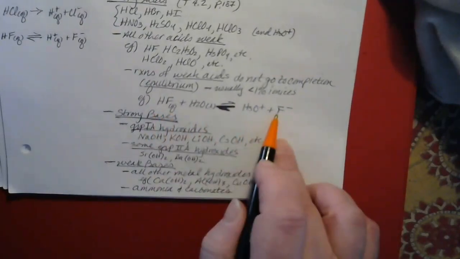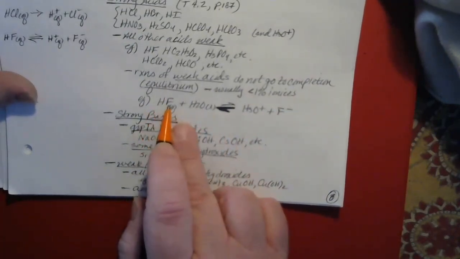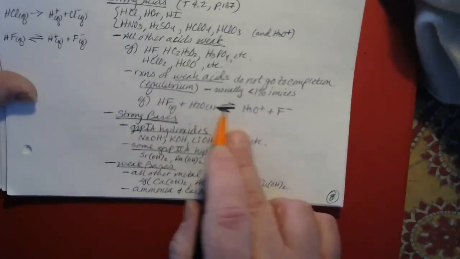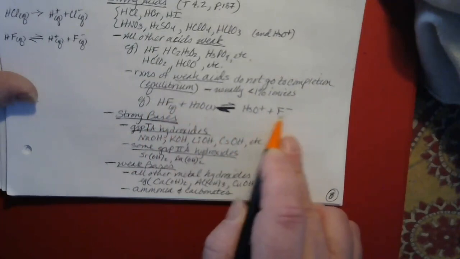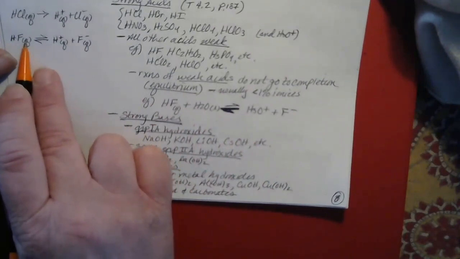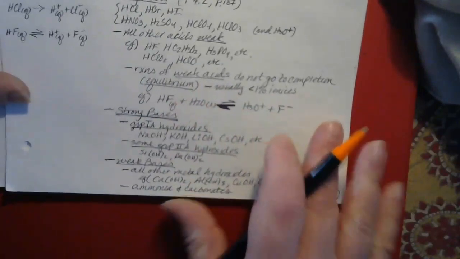Okay, oh, and I already had that down here. If you want to write in the H2Os, you can do that. So hydrofluoric acid in water will react to form H3O plus and fluoride ion. That's equivalent to what I wrote up here, except up here I just wrote aqueous instead of writing in the H2O, but it really amounts to the same thing.